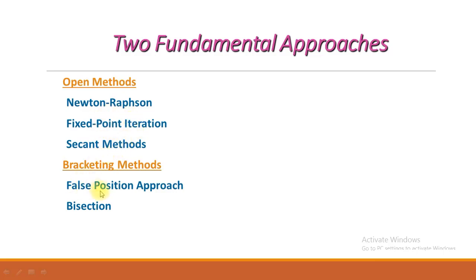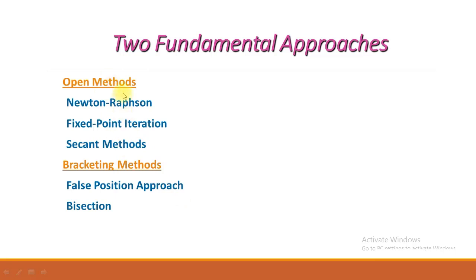But for the false position approach and the bisection method, these are called bracketing methods, and there are some conditions by which we choose the initial values.